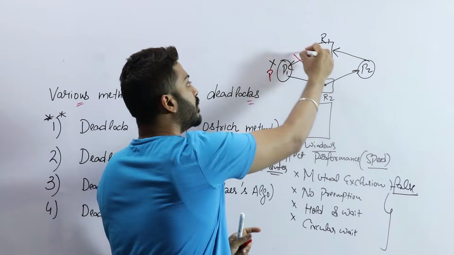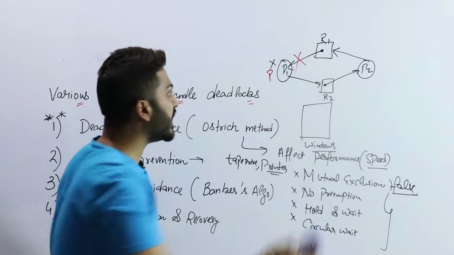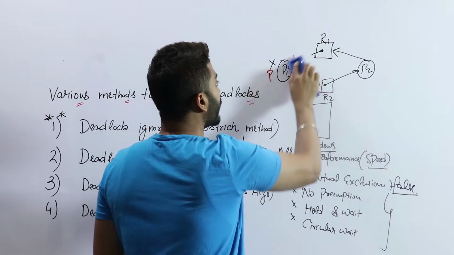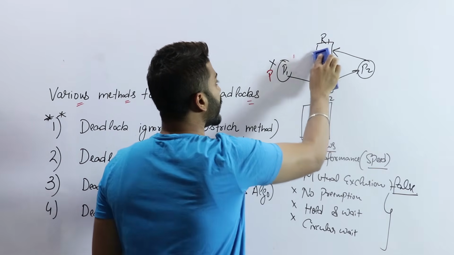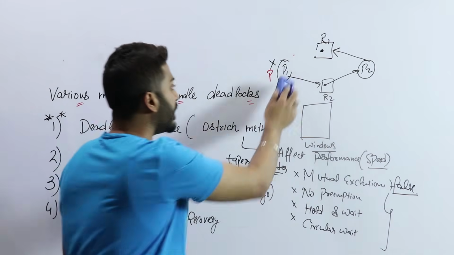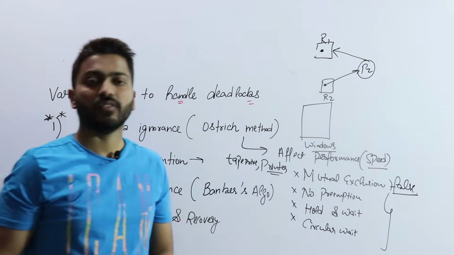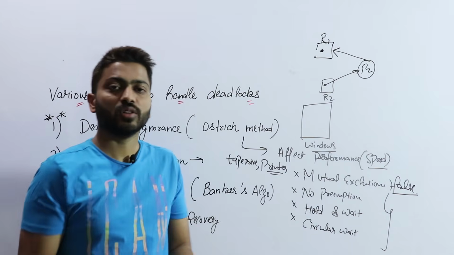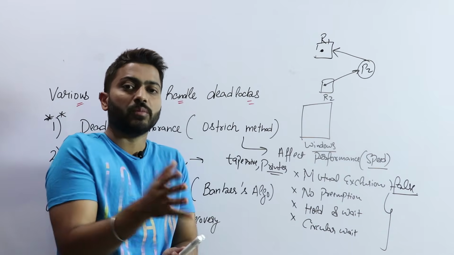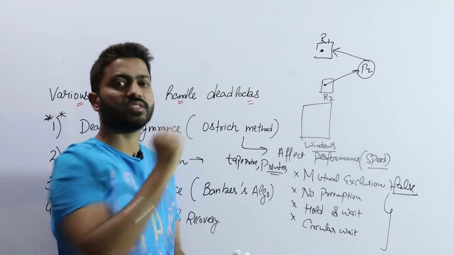This R1 will be taken back from P1. We can simply say remove P1 if it is preempted, because in preemption we are trying to switch. P1 will be switched, given back to the ready state, and P2 will start running.